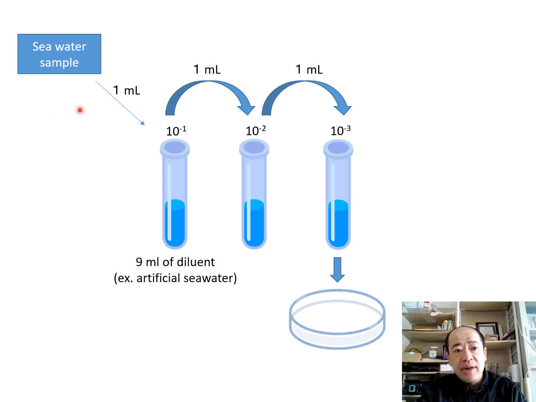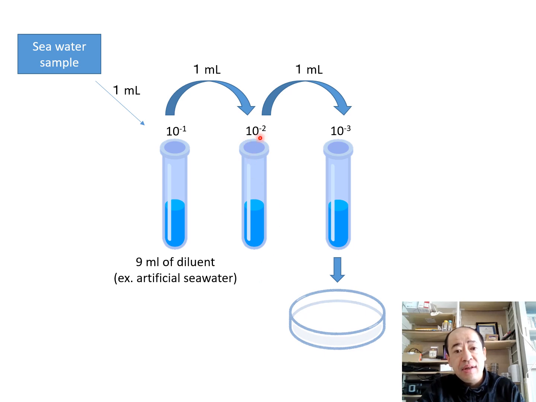Let's transfer 1 milliliter of sample into the first test tube and mix together. This sample is now diluted 10 times. Let's continue this procedure the same way: transfer 1 milliliter to mix with the 9 milliliters of diluent.